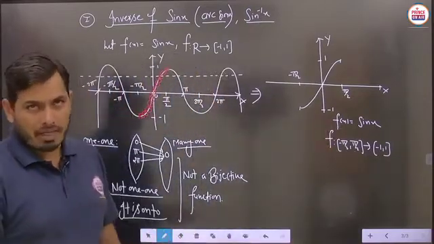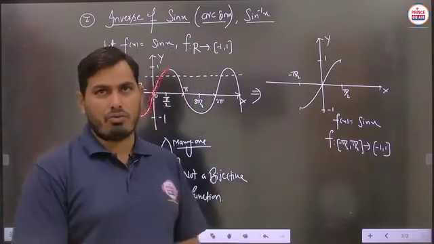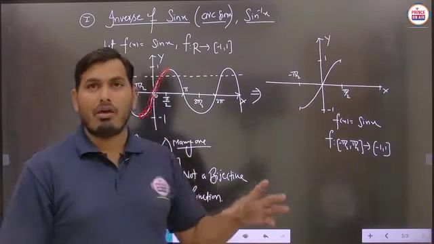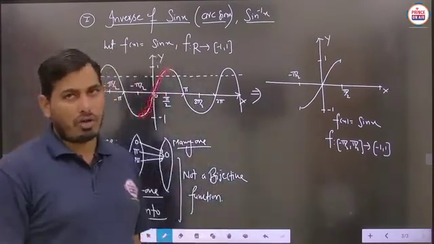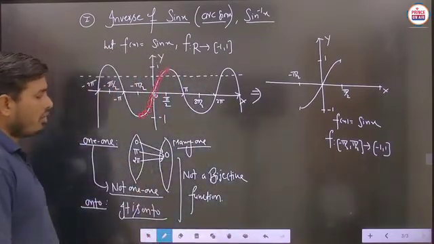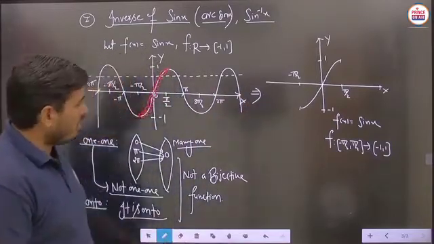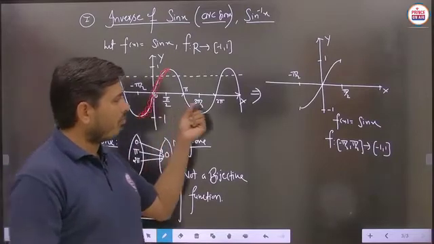Now after applying this type of restriction, you can check whether the function is one-one or not, onto or not. So again students, we will check one-one and onto, because now the function has been converted into a bijective one. So basically here you can plot any line parallel to the x axis.